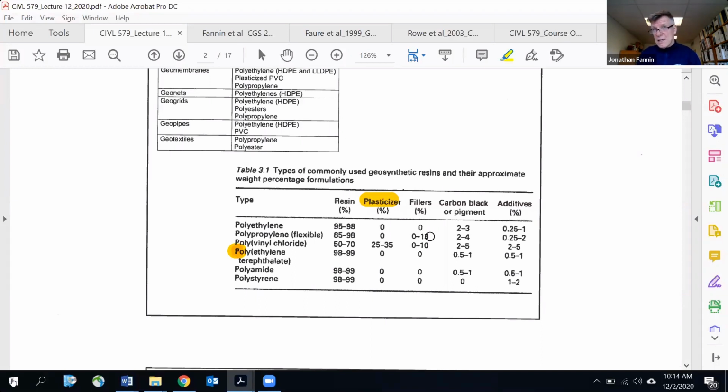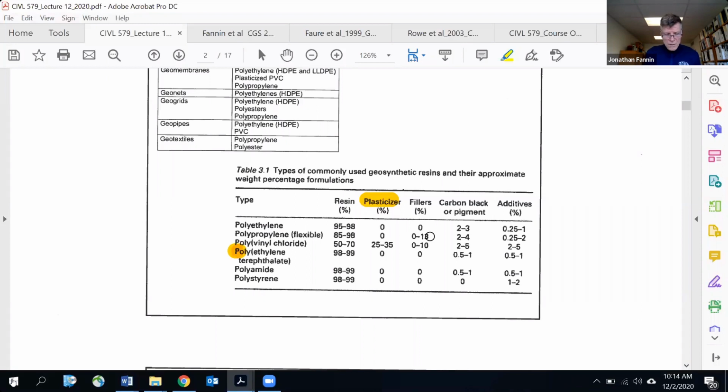Witness a geomembrane that's left exposed at elevated temperatures and with increased exposure to oxygen content. And thus, for example, that's why burying a geosynthetic will certainly tend to promote its durability, all things being equal, because of the absence of UV light and the greater reduction in prevailing oxygen in the environment around it.